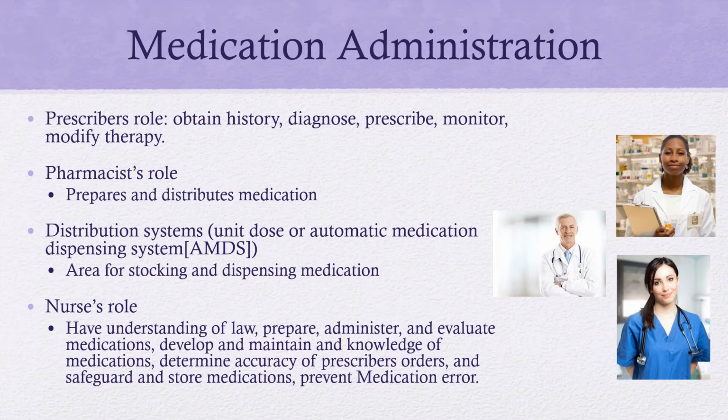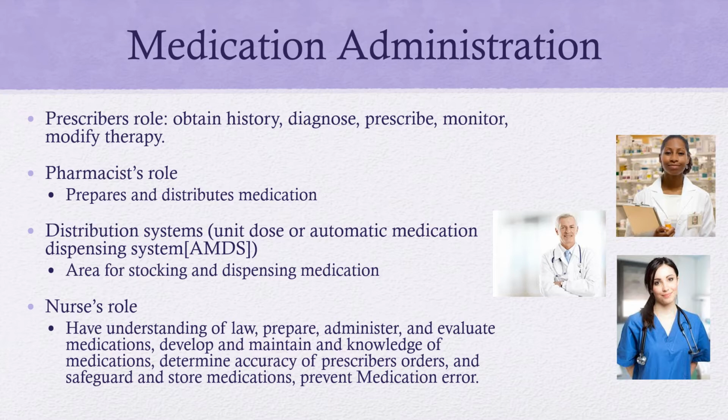We can't really rely on the prescriber or the pharmacist because if something goes wrong, yes, the physician is liable because they wrote the order. Yes, the pharmacist is liable because they dispensed the medication. But guess what? We are also liable because we give that medication. So we are expected to know the medications that we are administering.